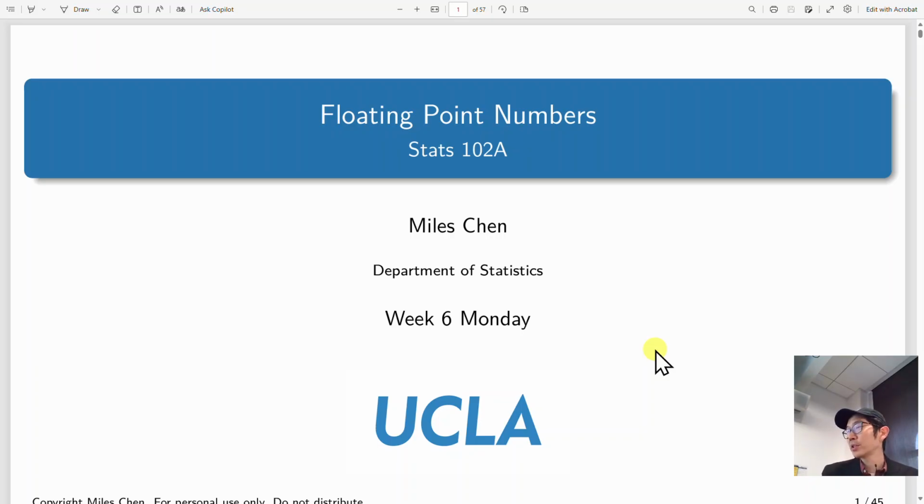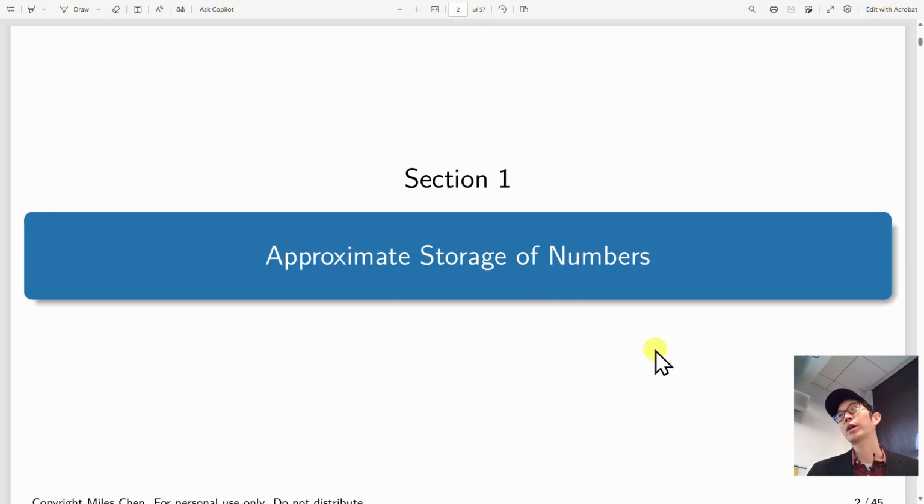Now, an important concept that we need to cover before we really get into computational statistics is this concept of floating point numbers: the numbers that we see represented in the computer, as we use the computer to do calculations, are approximations of numbers, and they are not what they appear.